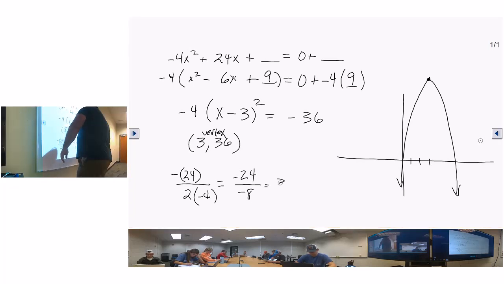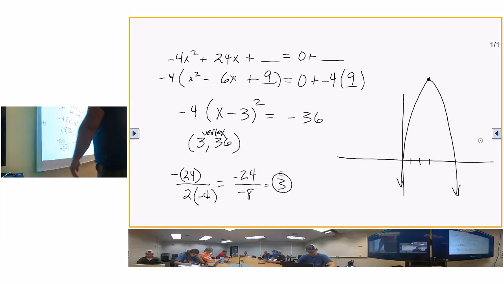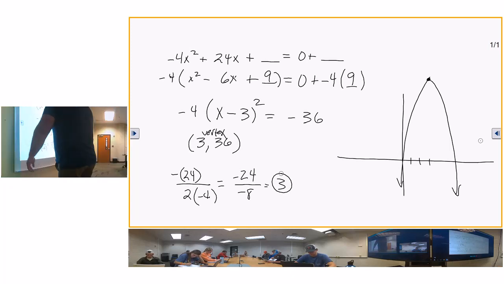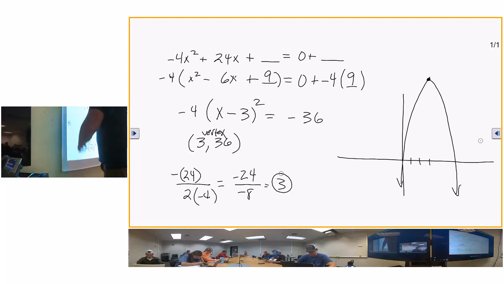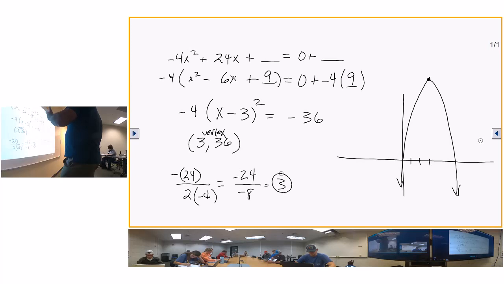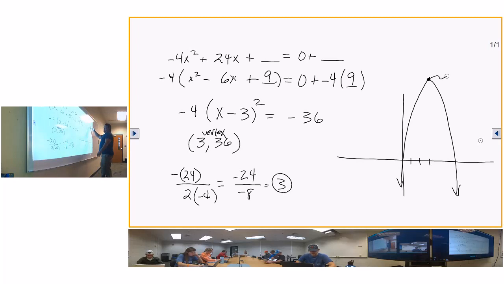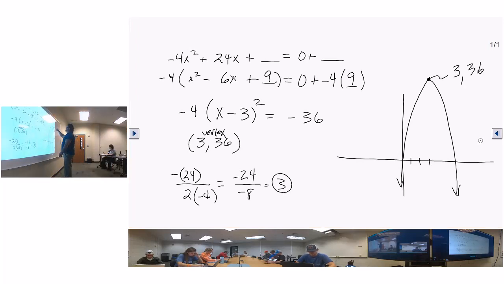So that's equal to 3. And then plug 3 back into your original. 3 times 24 minus 4 times 9, and 36 is correct. So your vertex is 3 comma 36.